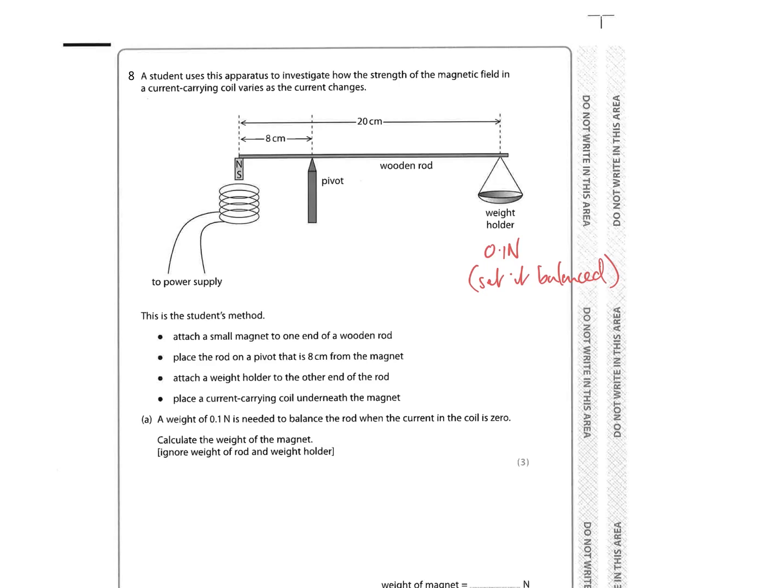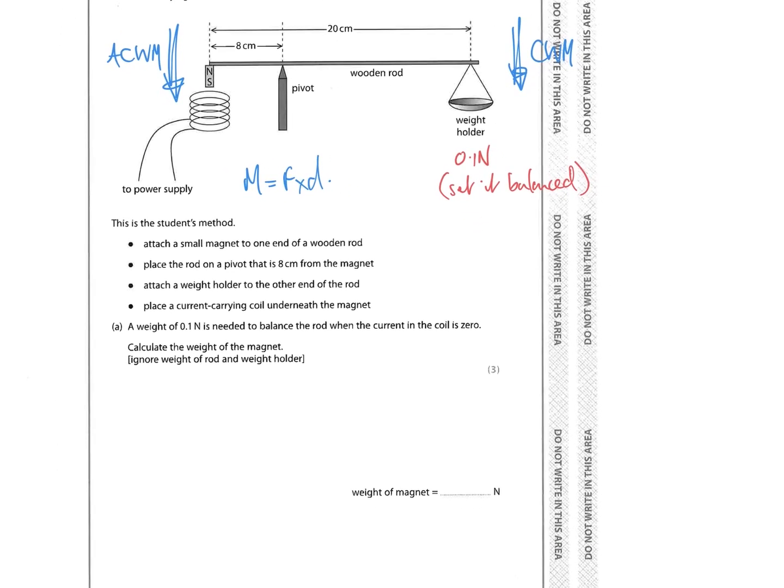We have, bear in mind, the clockwise moments must equal the anti-clockwise moments. And a moment is going to be the force times by the distance. So, simply, we have the weight of the magnet multiplied by 8 centimeters is going to be equal to 0.1 Newton multiplied by 20 centimeters.